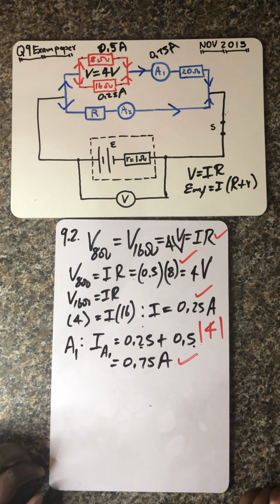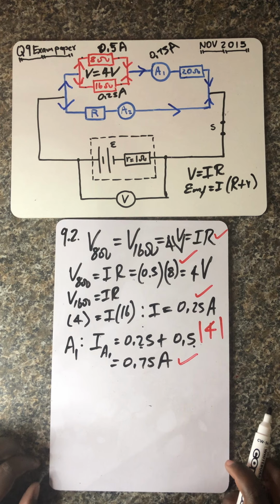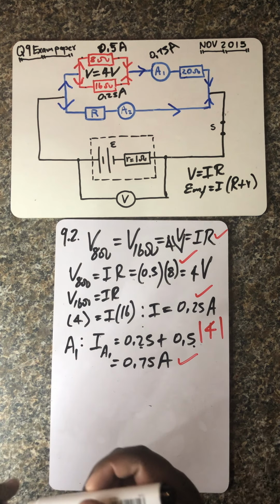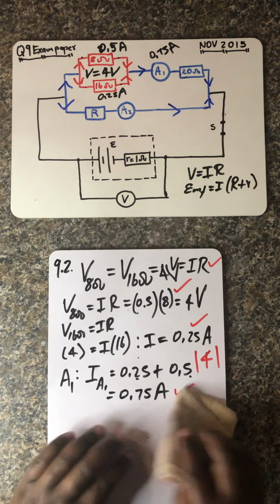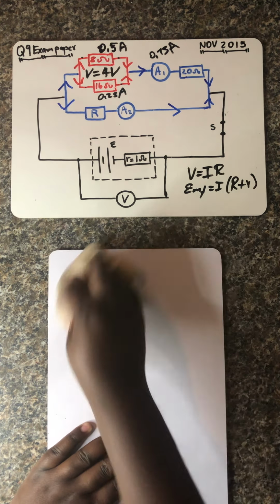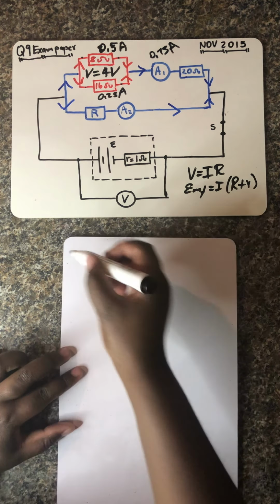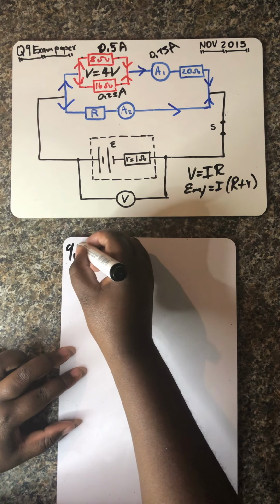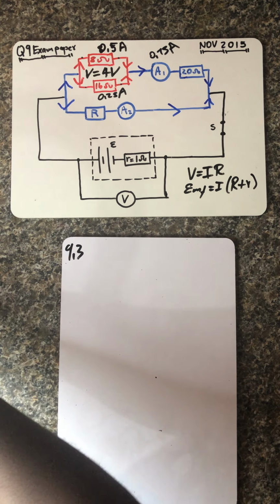I assume you fully understand how to solve this question. So let me wipe all of this because I assume you've already seen and you understand exactly how to solve that question. So now, guys, let's move to question 9.3. Let's check what the question says.